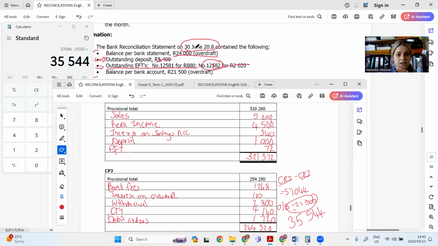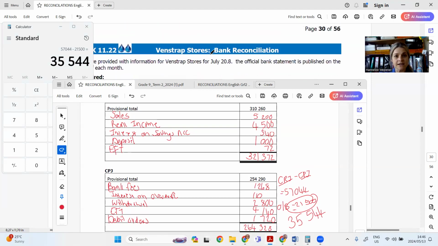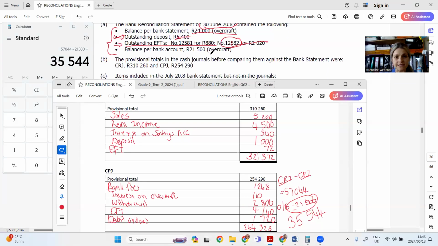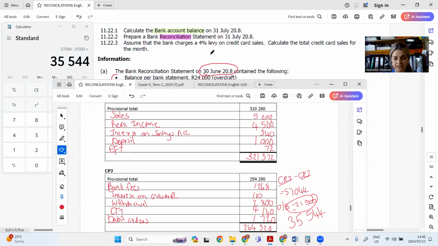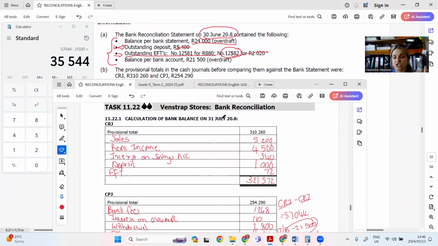But if we now look at the information provided, it only says that we have a bank reconciliation statement that had a bank balance of 24,000 Rand. But we do not have our bank statement balance yet. So we need to go and see if we have the bank statement balance, the incorrect one, for July, somewhere within the information.